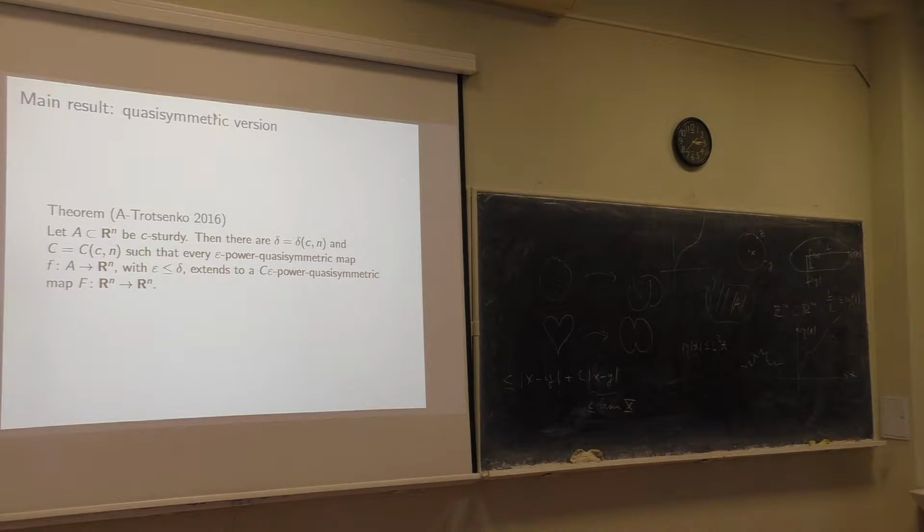And so this is the extension result for this kind of maps. We have again this geometric property, sturdiness, for the set where the original map is defined, and then we show that for small epsilon these epsilon power quasi-symmetric maps can always be extended to the whole space R^n, and again in the best possible way: the constant cannot behave better than c times epsilon.